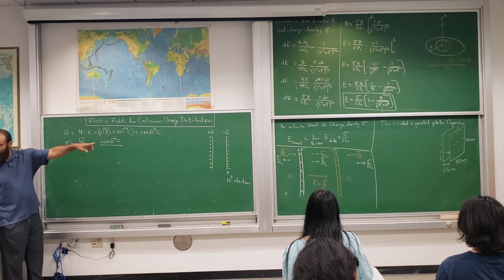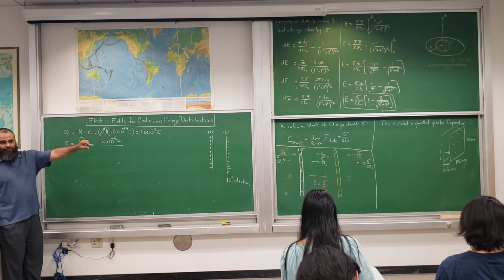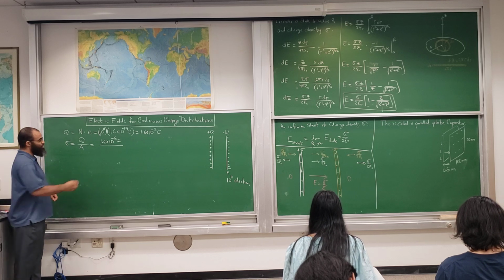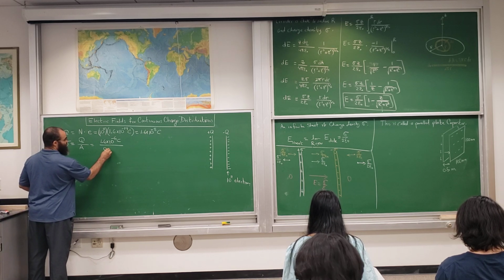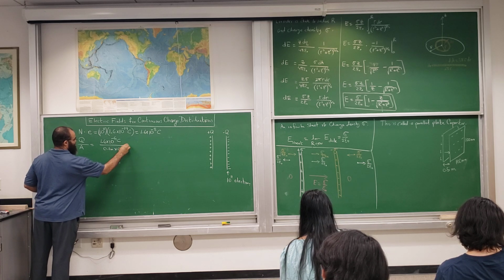We need to convert it to meters. 10 centimeters is 0.1 meters, so the area is 0.1 meters by 0.1 meters.